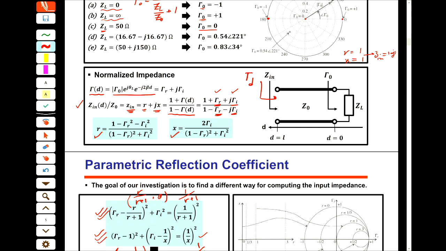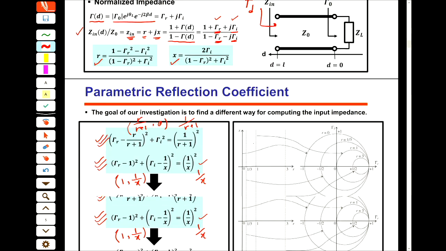This is how this shape works. So this diagram has two types of circles, R constant and X constant. And then if you want to find any normalized impedance z in this plane, you just need to find the intersection of those two circles. Okay? Easy.